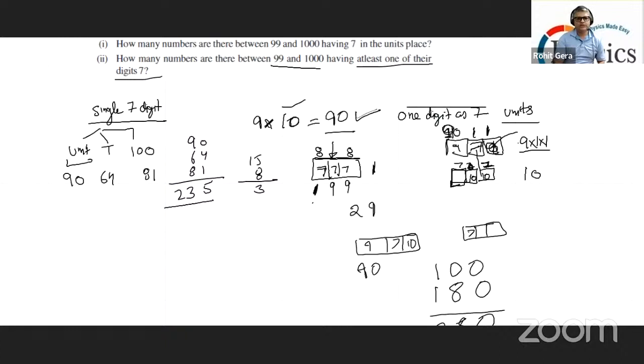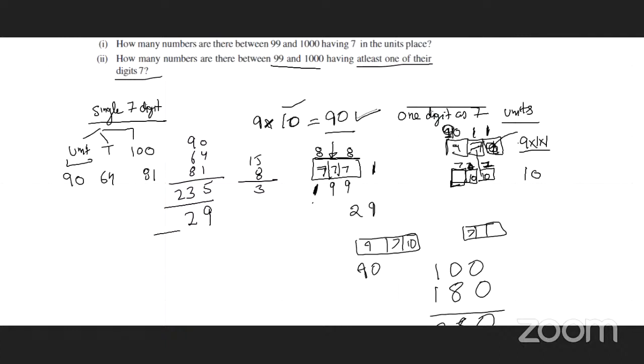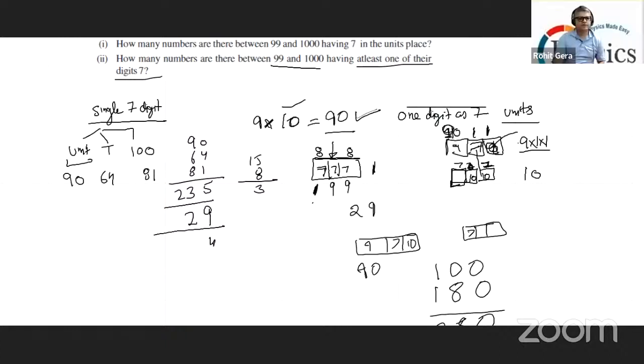If it is a two-digit case, what did we get? 29. And if we get one number with all three 7s, we will get 265.